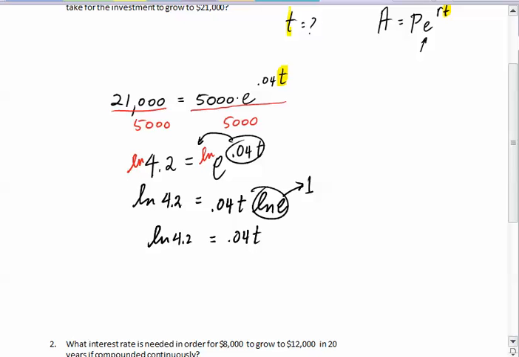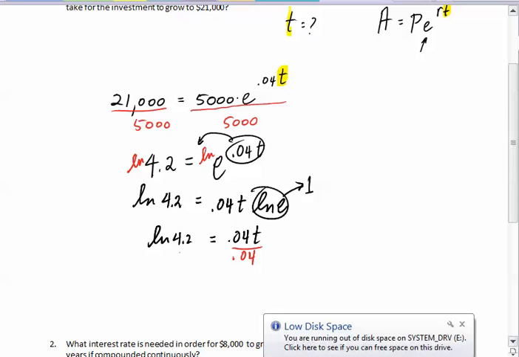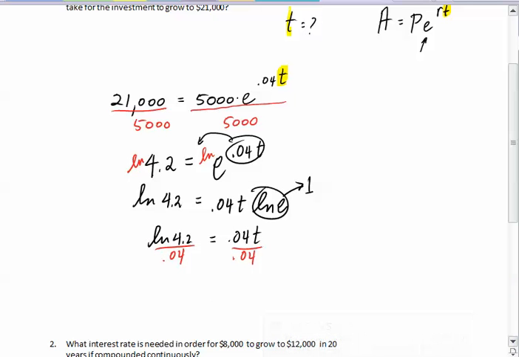Let's divide by 0.04, and remember, natural log of 4.2 is a number. Now let's go ahead and take a look at the calculator.